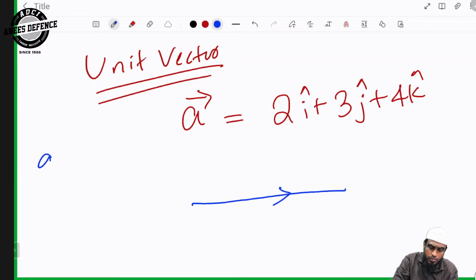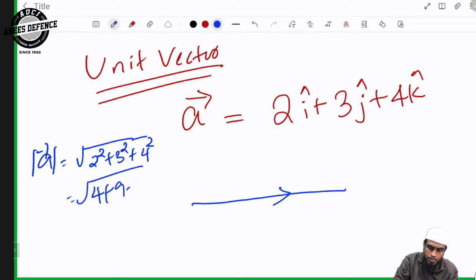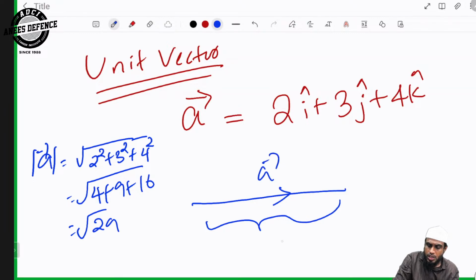So what is the magnitude? Magnitude can be represented as root of 2 square plus 3 square plus 4 square, that is equal to root of 4 plus 9 plus 16, equal to root 29. So the length of this vector is equal to root 29.